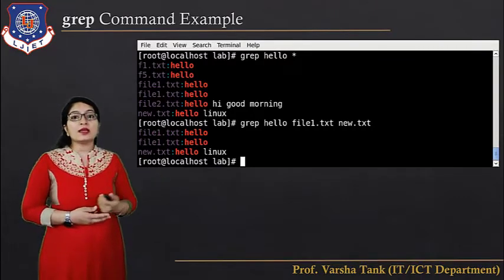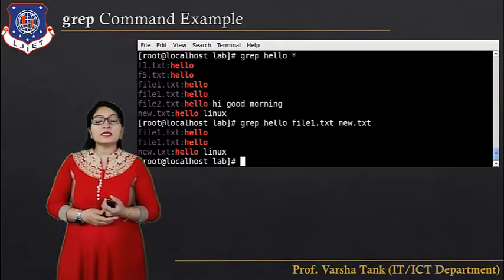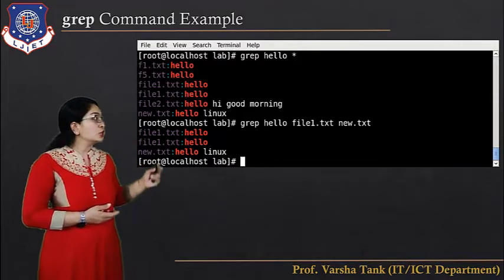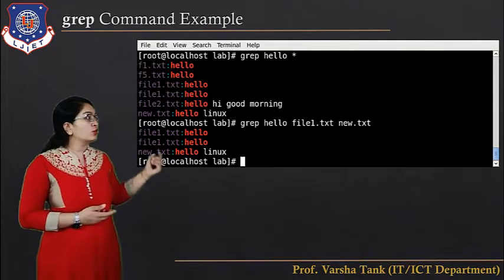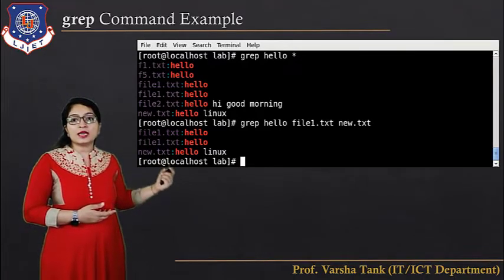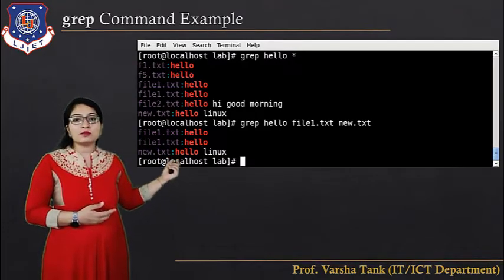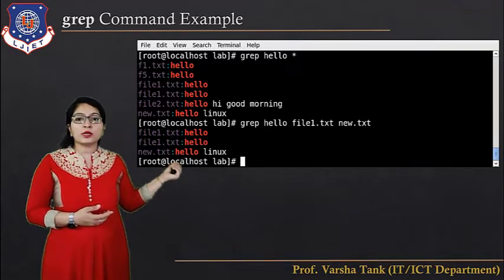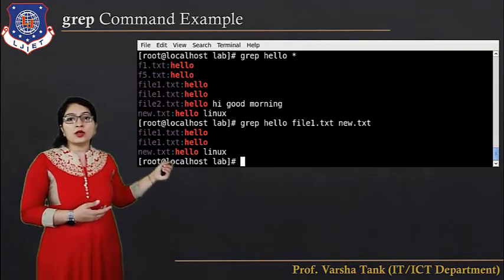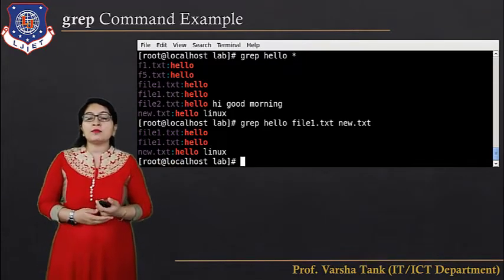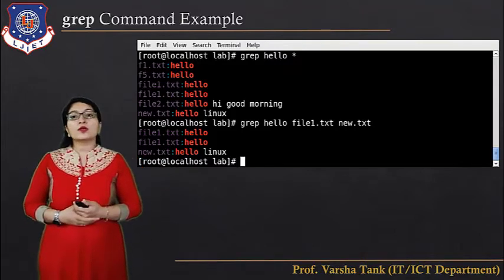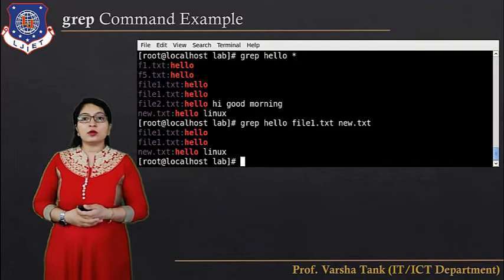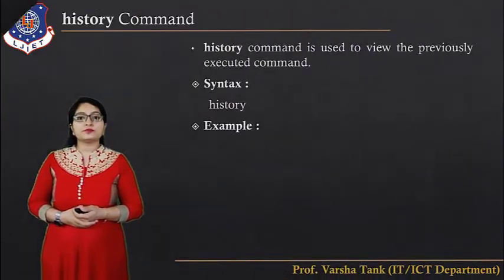Next we have written grep hello file1.txt new.txt. In these 2 files only it will find the pattern. Hello is there 2 times in file1.txt, so it will display 2 times, and in new.txt it will display 1 time, because only 1 line matches hello. Like this way you can use the grep command.